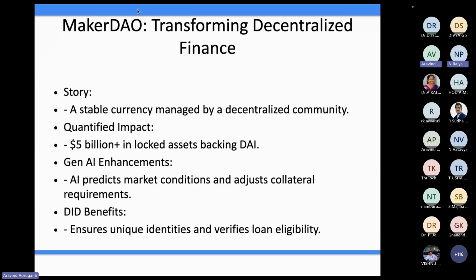And DID benefits, because MakerDAO also supports the decentralized finance concept, where anyone can put funds in the treasury or collateral and take a loan in DAI. So for example, say I have a cryptocurrency like 1 Bitcoin. I can put that 1 Bitcoin in the reserve.